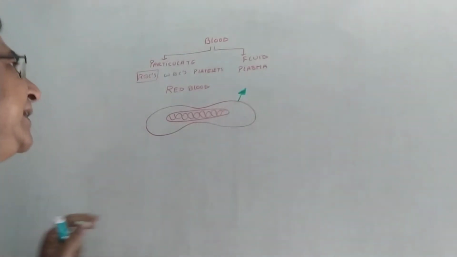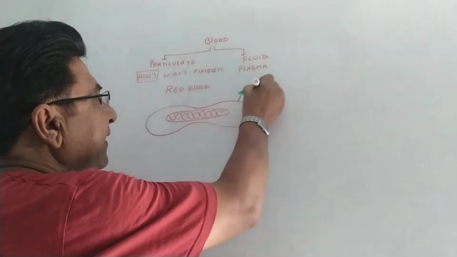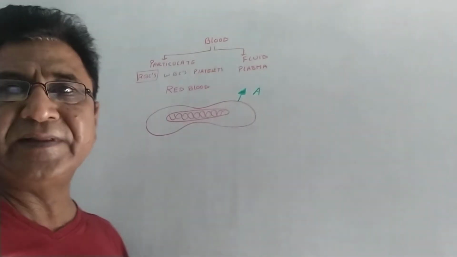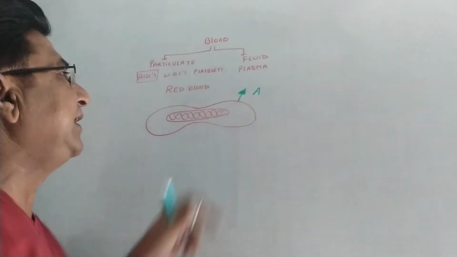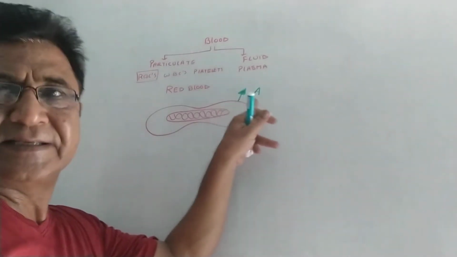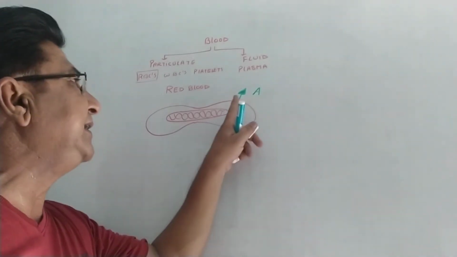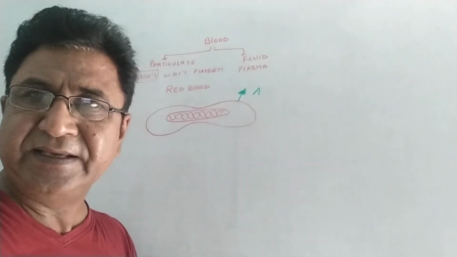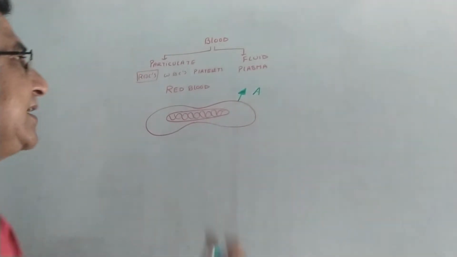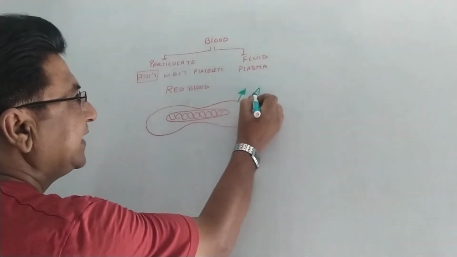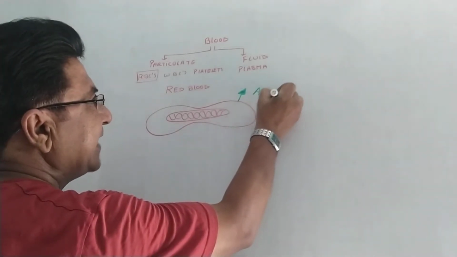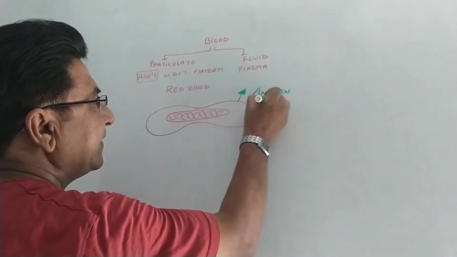When we write A, the same kind of triangle comes, although a horizontal line comes in between the A. But we will neglect this horizontal line, and this triangle shape is basically an antigen present on the surface of the RBCs. It resembles the structure of A, so it is antigen A.